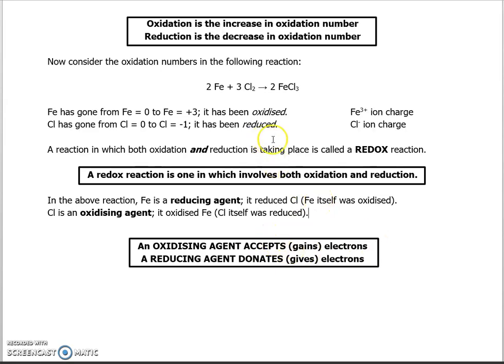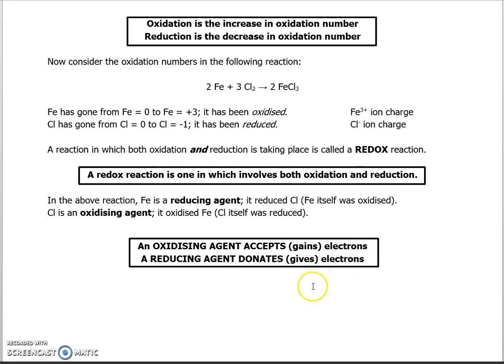So in this reaction above, the species which accepts the electrons was chlorine. It has gone from 0 to -1, so the chlorine was reduced. The reducing agent, the substance that causes something to be reduced, is the substance that donates electrons.